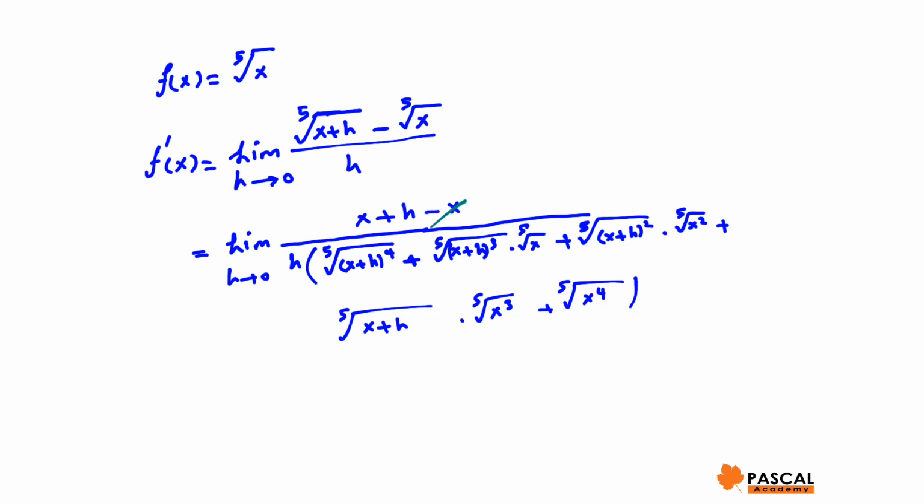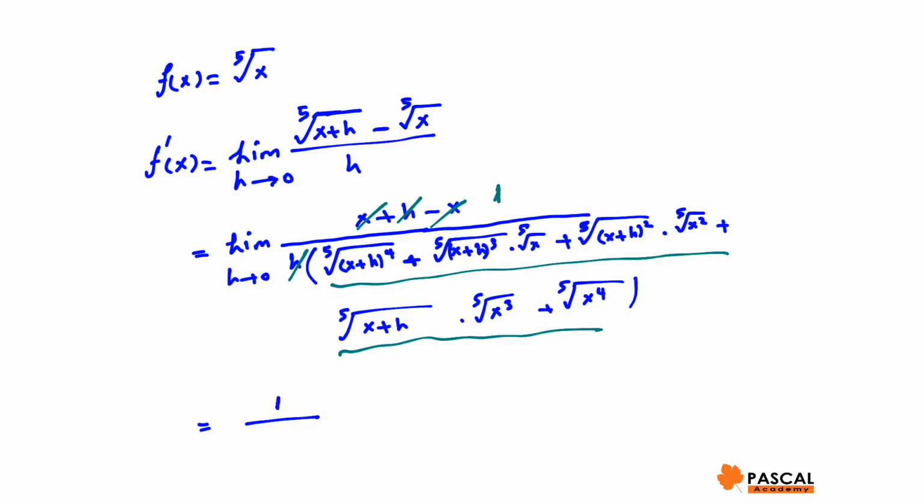This can be simplified as the limit of 1 over this expression as h approaches 0. Each term in the denominator of the fraction, when h approaches 0, is going to be the fifth root of x to the power of 4.